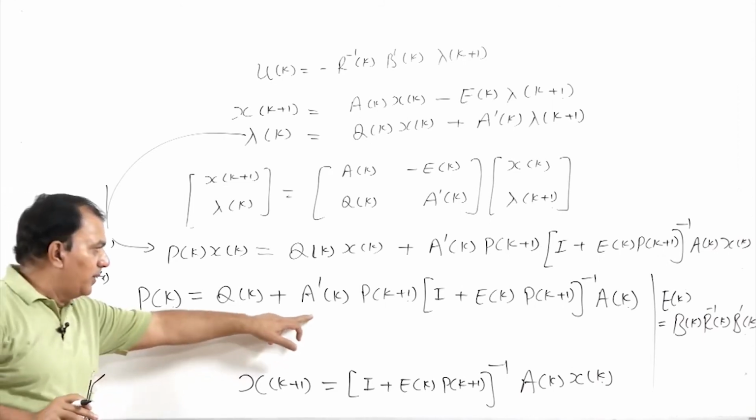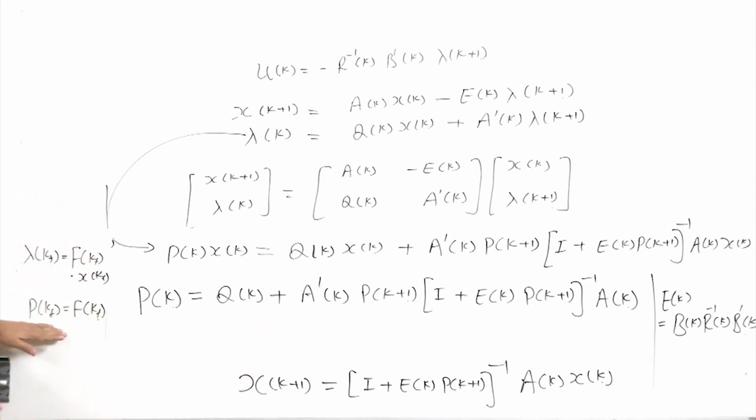So, this is my Riccati equation which can be solved with the terminal condition p of kf as f of kf.